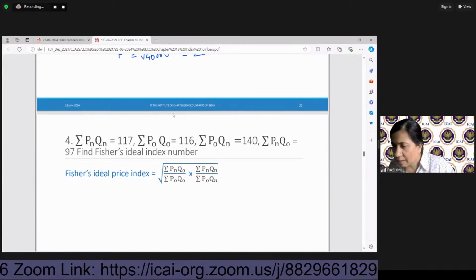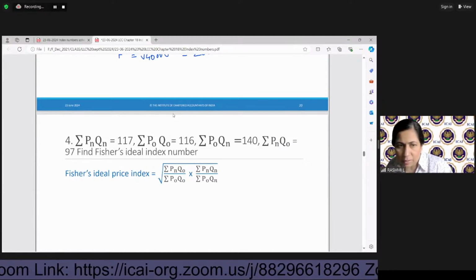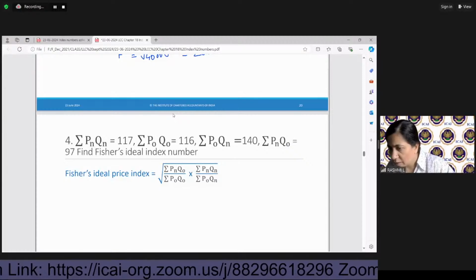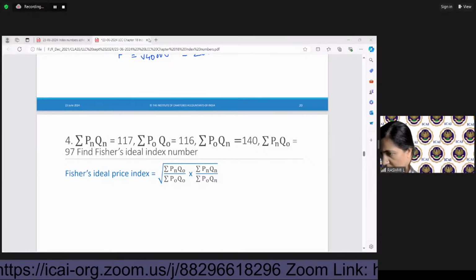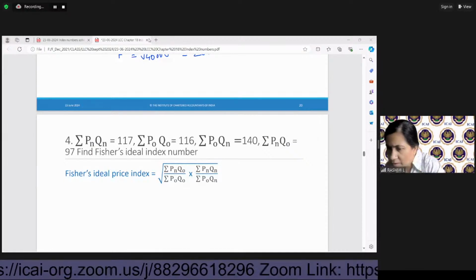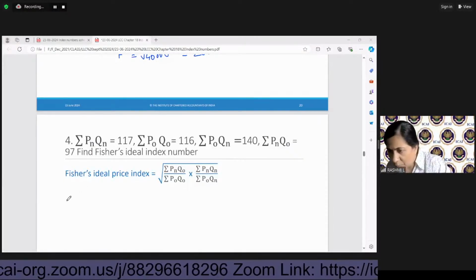Find Fisher's ideal index number. Now let us see. How much will this be?